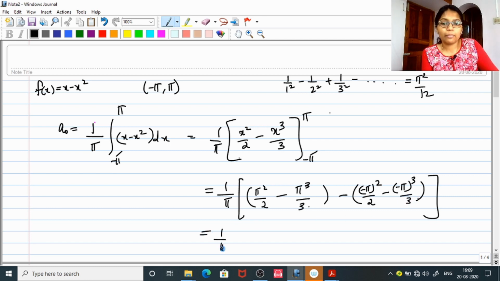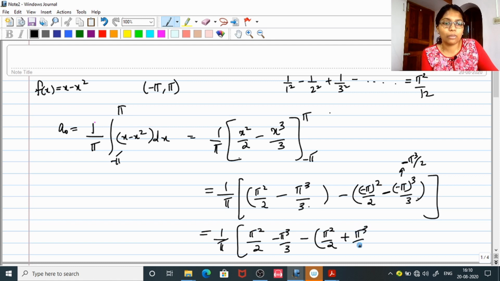So 1 by pi times, pi square by 2 minus pi cube by 3 minus, inside this, pi square by 2, and negative pi the whole cube is negative pi cube. Along with this negative, both negatives will give us a positive pi cube by 3.